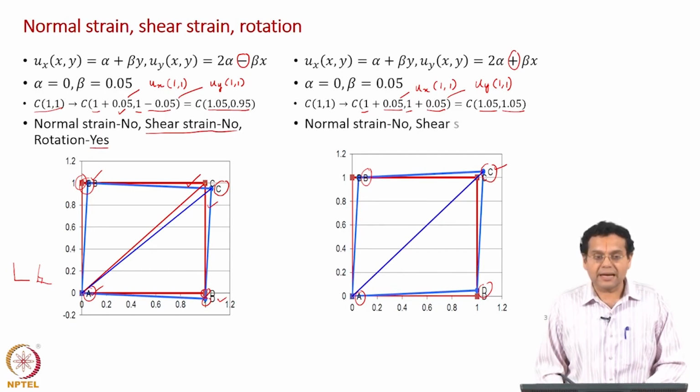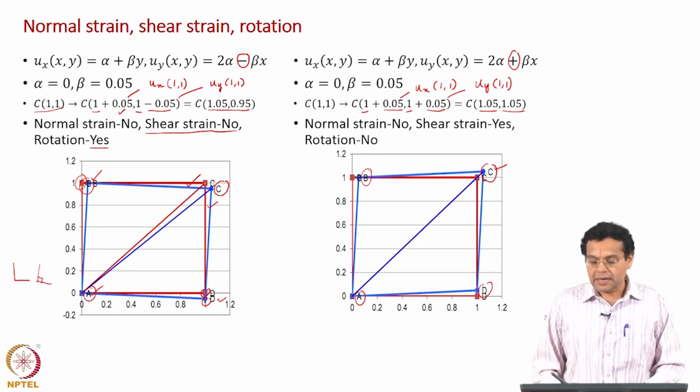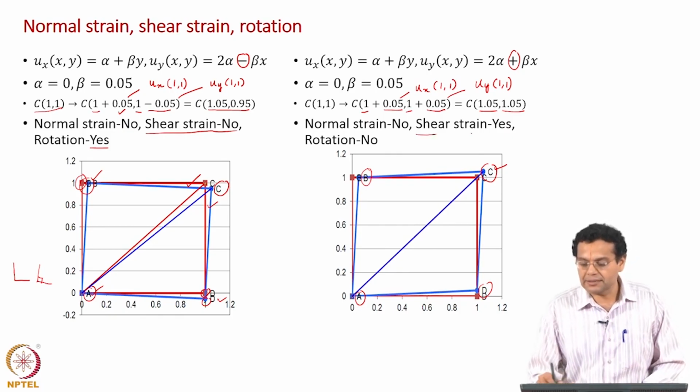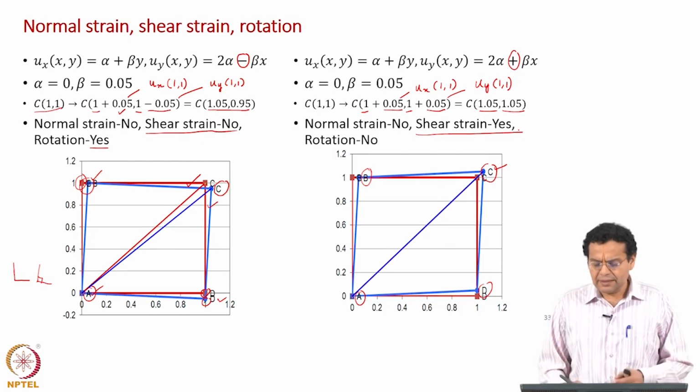Now, look at the angle BAD, the initial state is 90 degrees. In the deformed state, the angle BAD is smaller, the angle has reduced, which means that there is shear strain. We said shear strain exists when there is a change in angle. So, in this particular case, because the angle has reduced, there is shear strain.